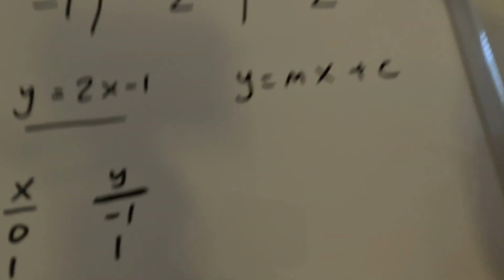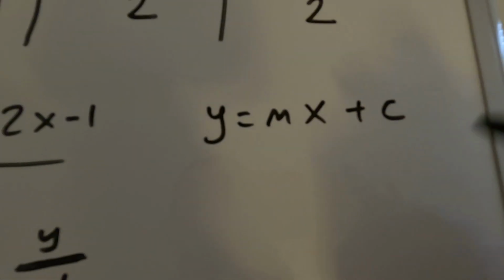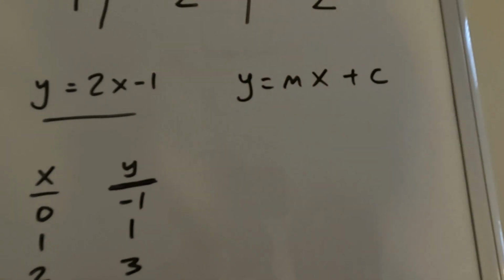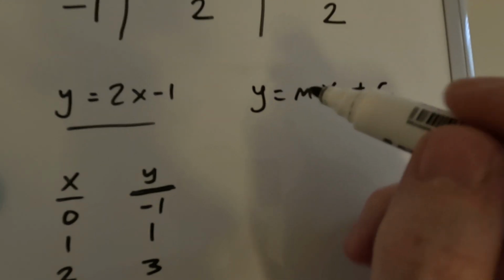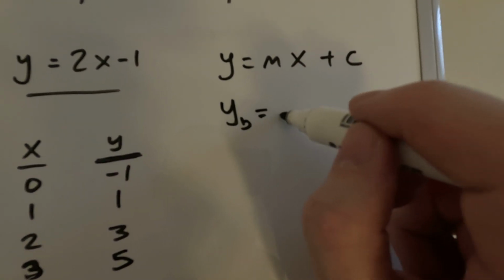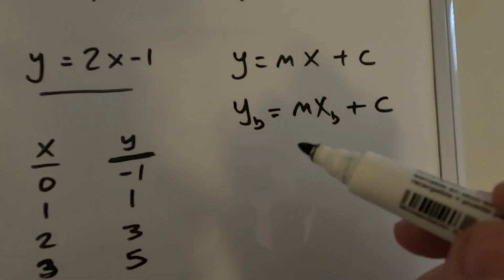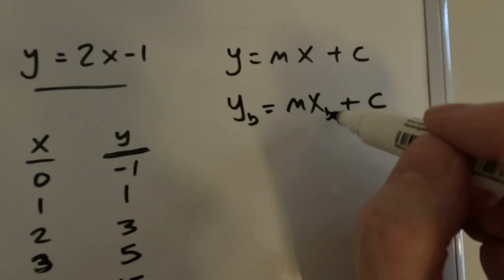Okay, so the general formula for a straight line is y equals mx plus c. So let's follow what we did earlier, and we will replace y with yb, and so that'll be equal to mxb plus c, because y only depends on x.